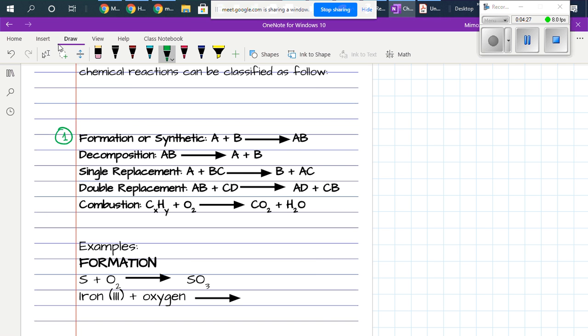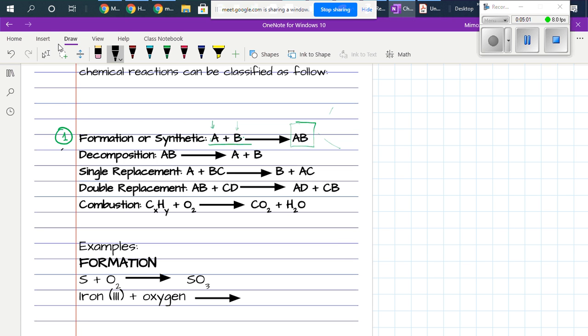So formation is when, in the general form, element A is reacting with element B to form a compound, a compound AB. A perfect example of this is a metal and non-metal, or two non-metals, that are combined together, bonded together to form a compound, either an ionic or molecular compound.